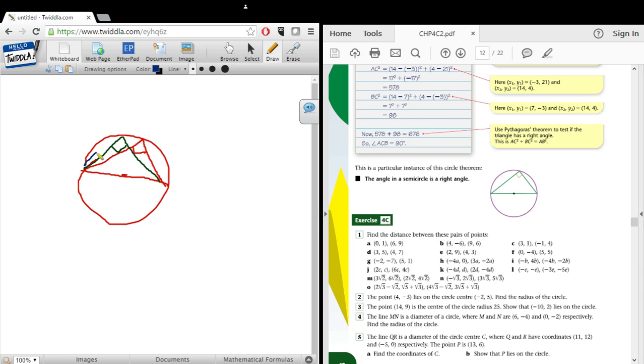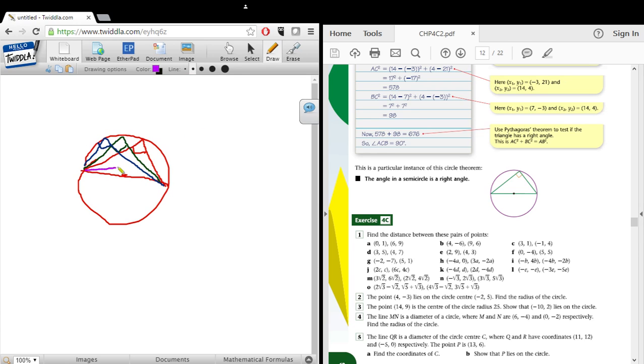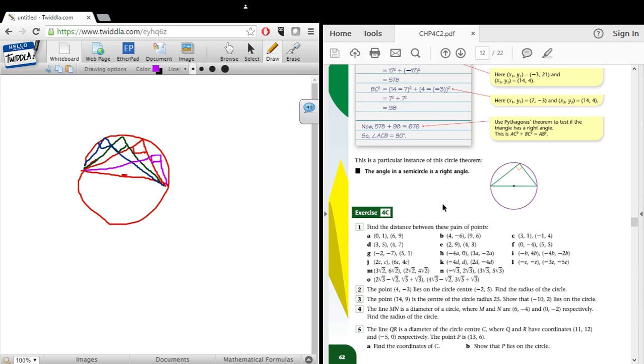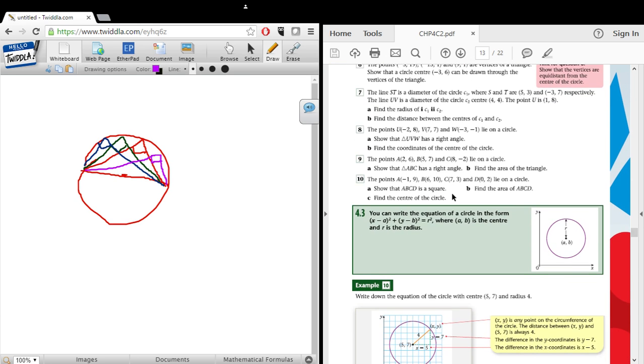That's the theorem, that any two lines that meet at the circumference from the diameter will form a right angle. See that? The angle in a semicircle is a right angle. You can see that there. And so it utilizes this.